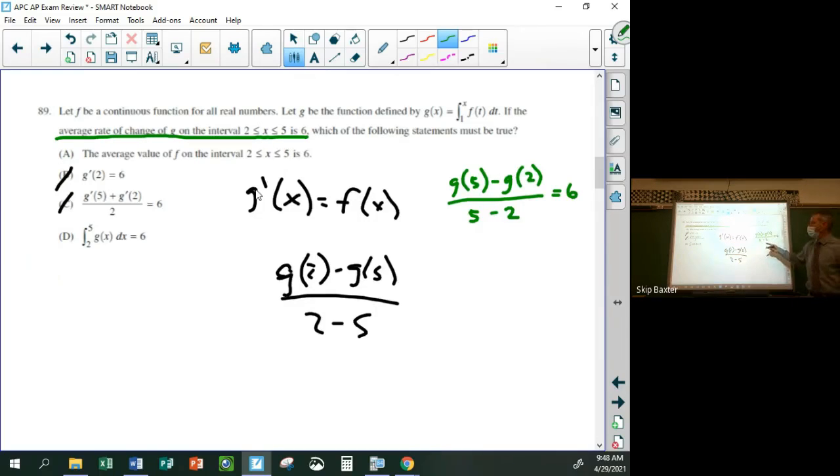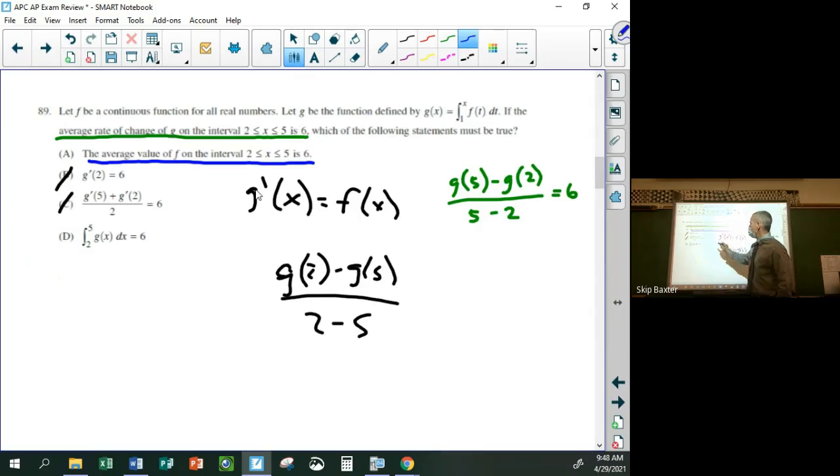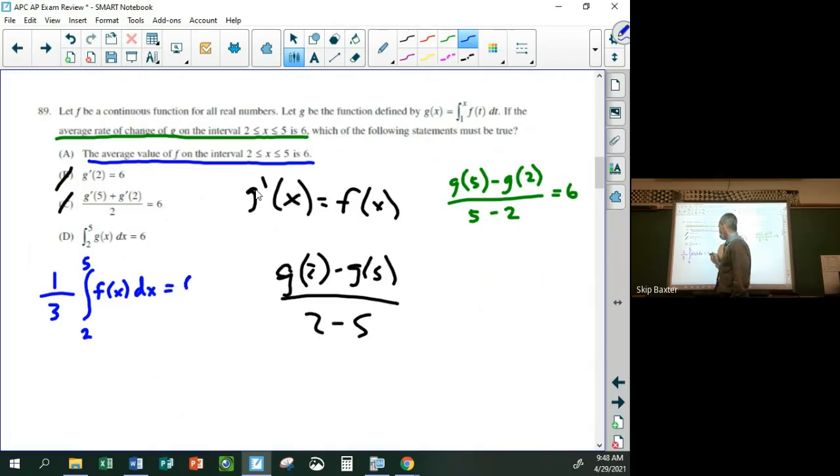Now let's think about what this statement is saying, the average value of F on the interval from 2 to 5 is 6. What that's saying is 1/3 the integral from 2 to 5 of f of x dx equals 6.